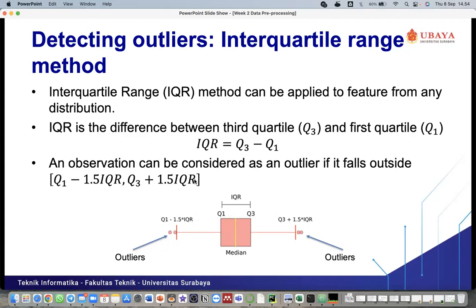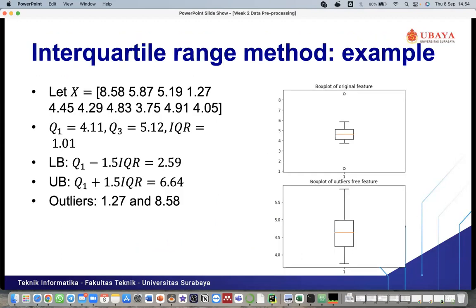And if the data is outside this lower bound and upper bound, then it can be considered an outlier. Okay, so in this example, we have data x equal 8.58 and so on. Then we can calculate.